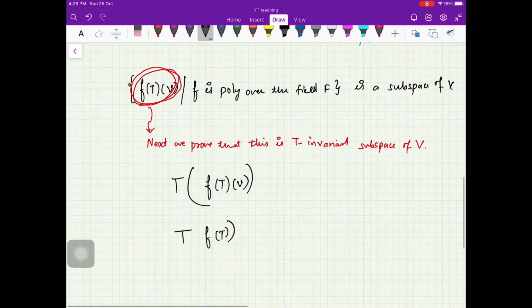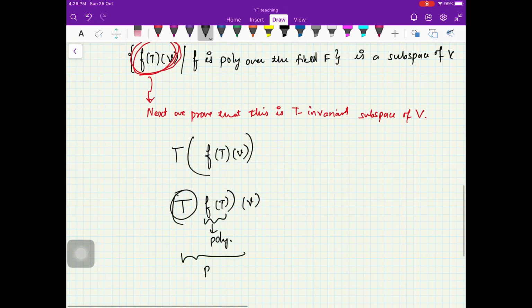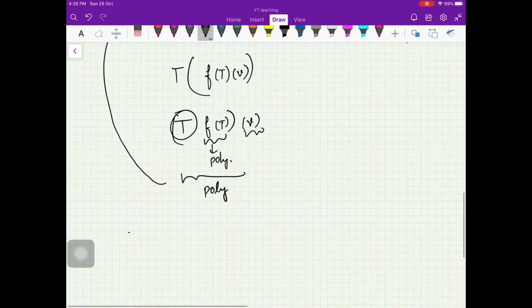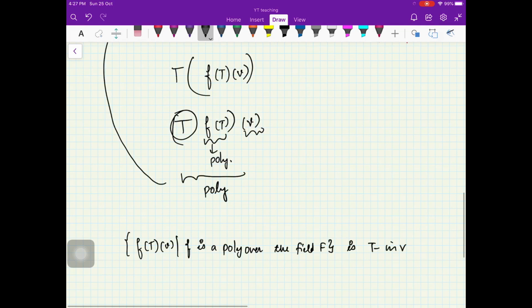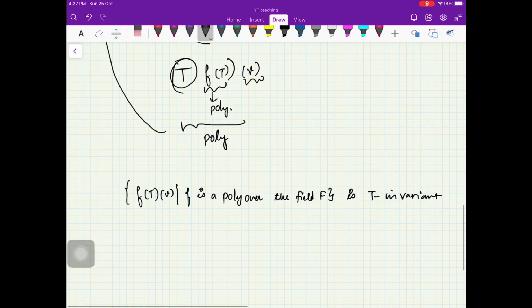This is T f(T) v. Now f(T) is a polynomial, and multiplying it by T again gives a polynomial in T operating on v. So this again is an element of this set. Therefore the set f(T)v, where f is a polynomial over the field F, is a T invariant subspace of V.